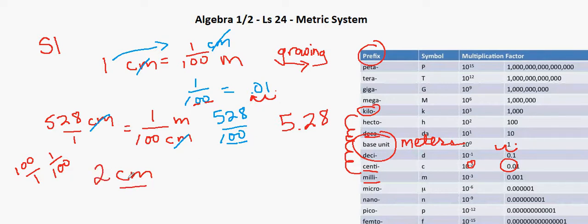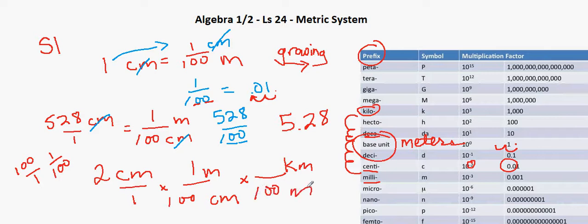So if we had 2 centimeters, go to meters first. And then if we're going all the way to kilometers, then I would go to kilometers. So go to your base unit, and then if you're going past the decimal, now you're going to your kilometers. That's how I would do it. And 1,000 meters to a kilometer.